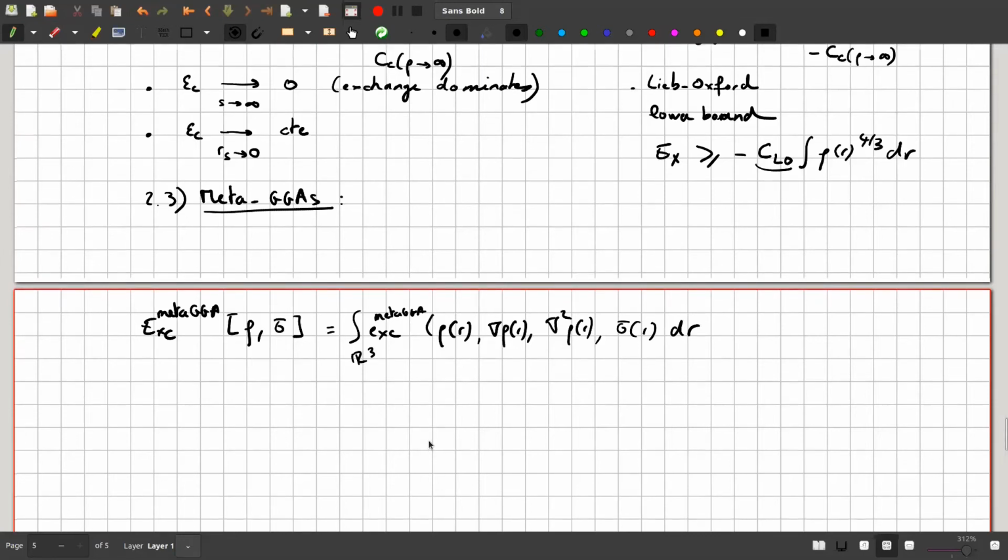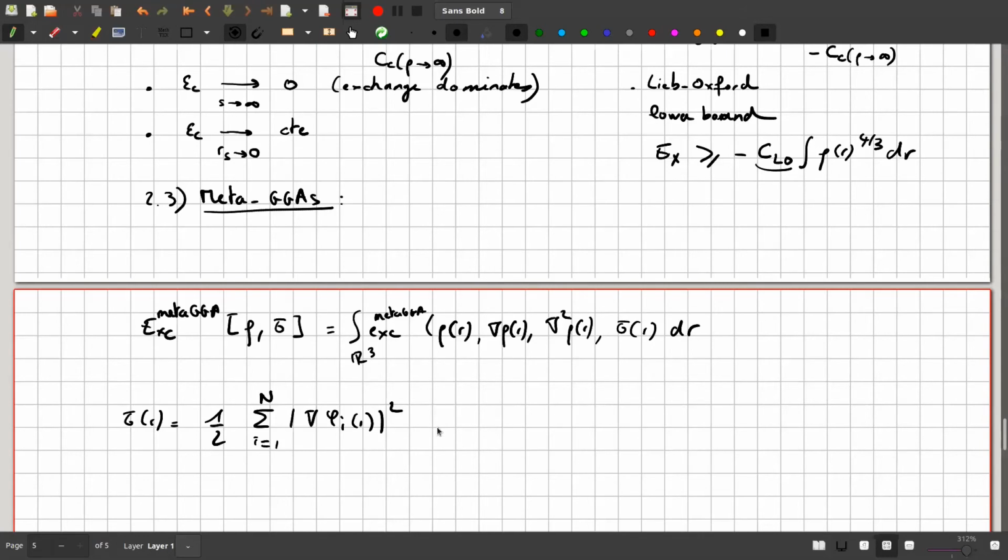And what is this tau of r? Well, this is 1/2 the sum over the occupied orbitals in a Slater determinant of the gradient of phi of r squared.